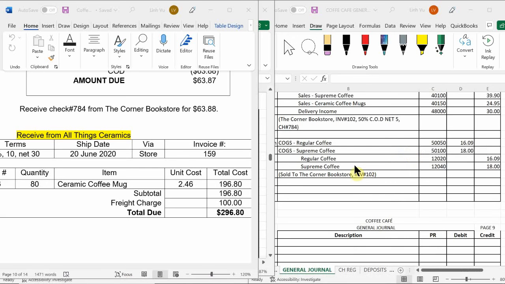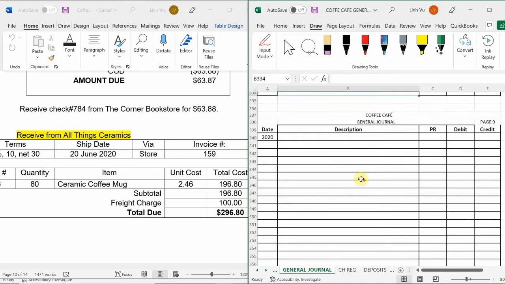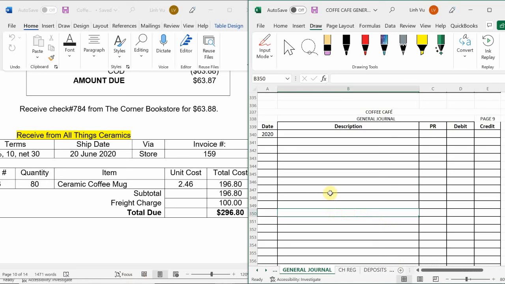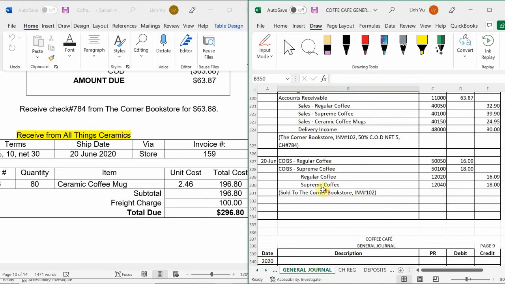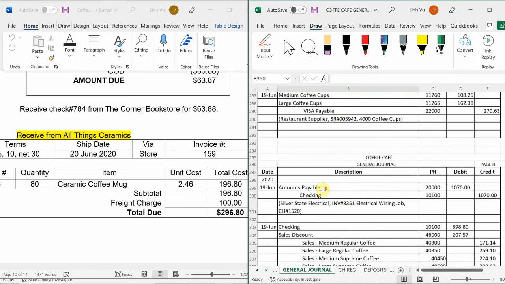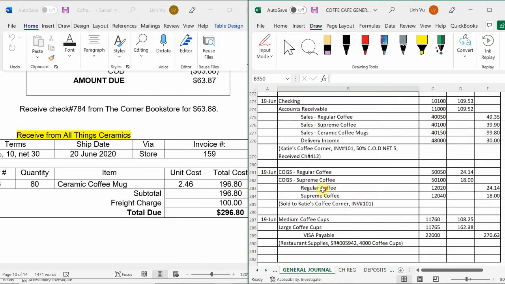Okay. So here we received the 80 ceramic coffee mugs. So what do we do here? We're on the next page, page 9. How do we receive our coffee mugs? By freight.